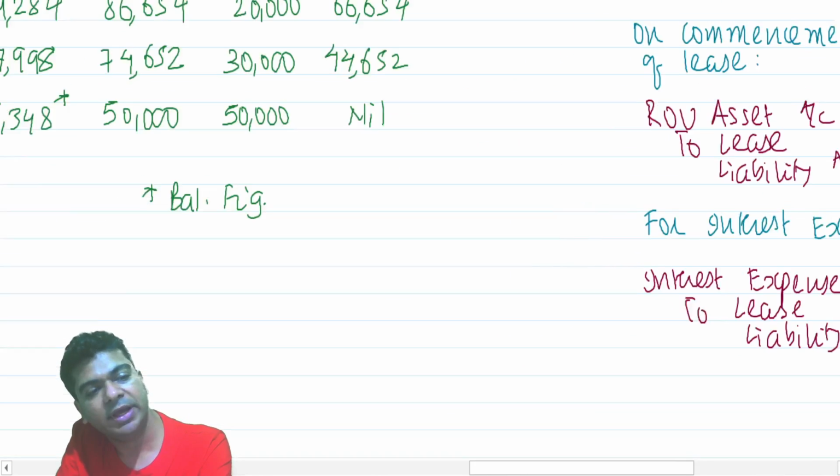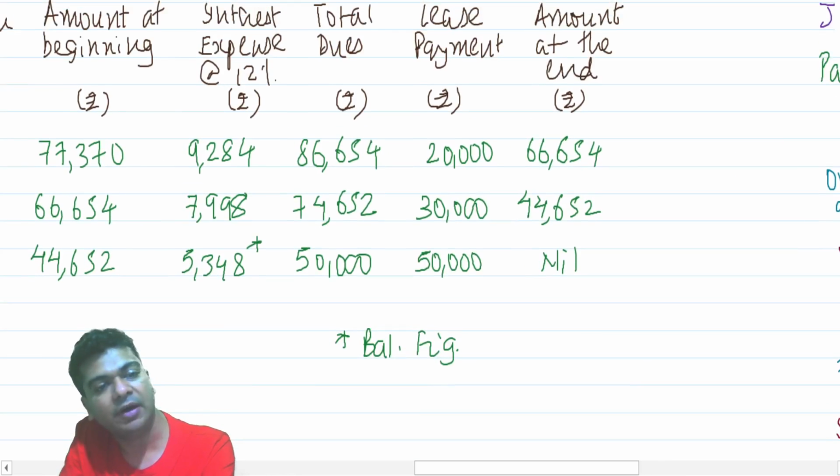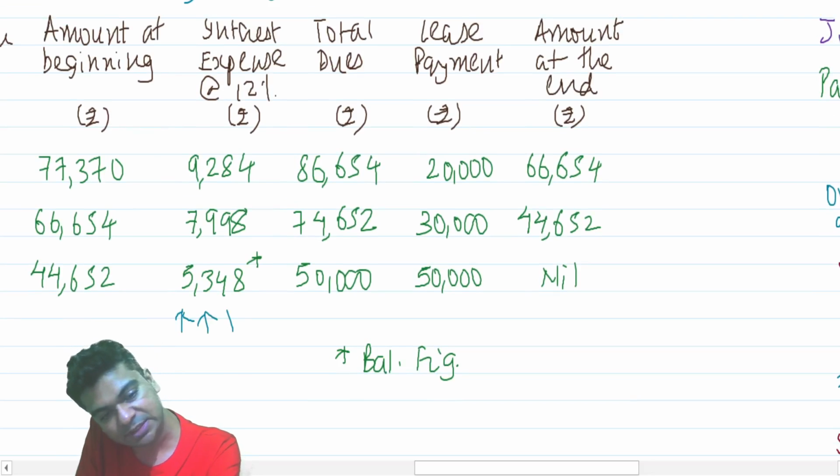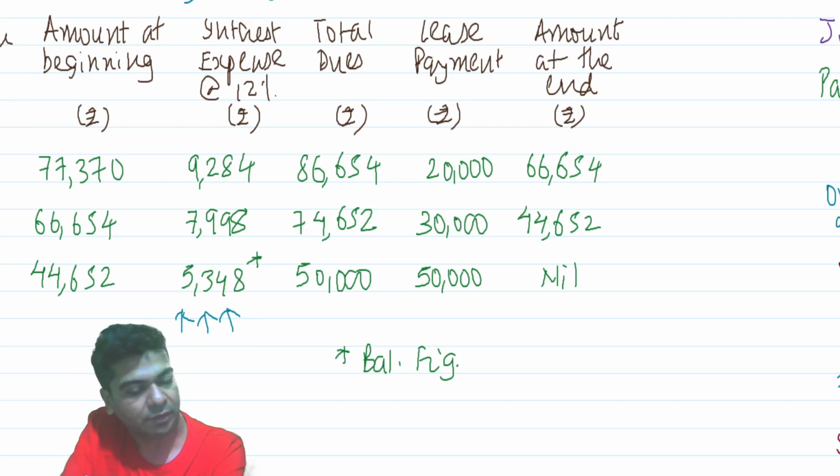We will incorporate over here the interest that we have already calculated. See, these are your interest expenses. So with these amounts, we will record the accounting entry.